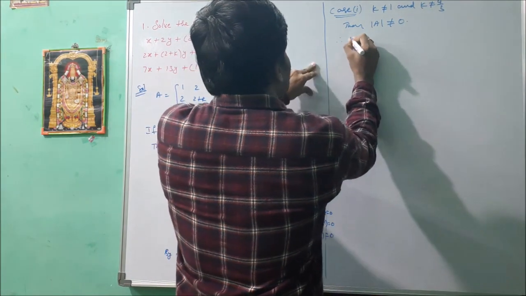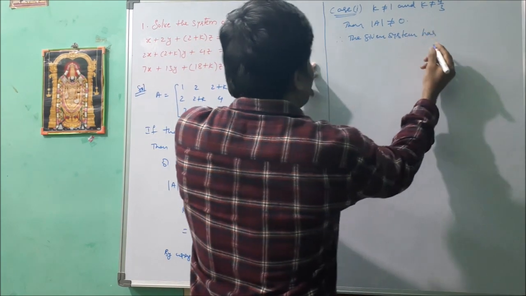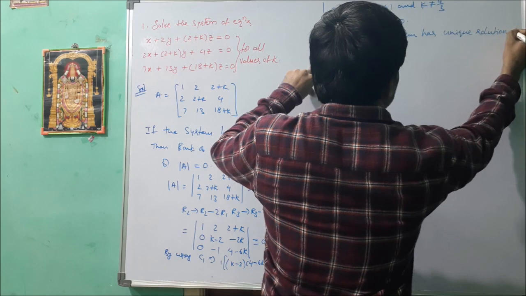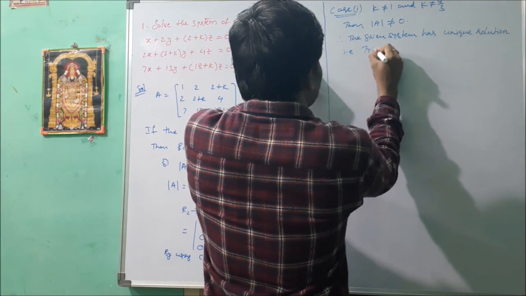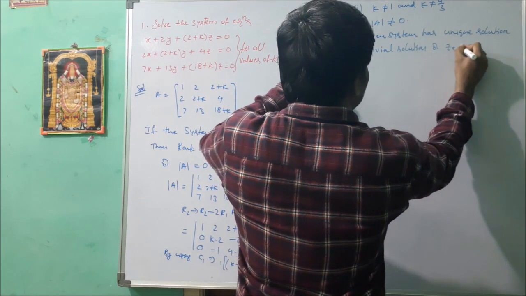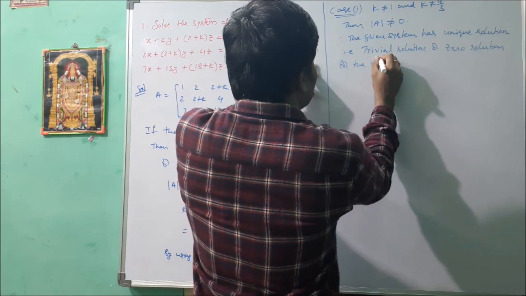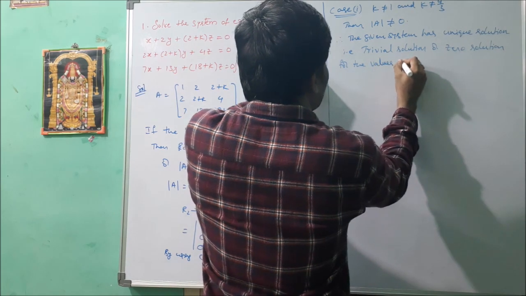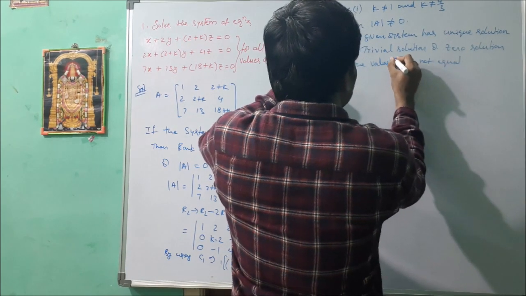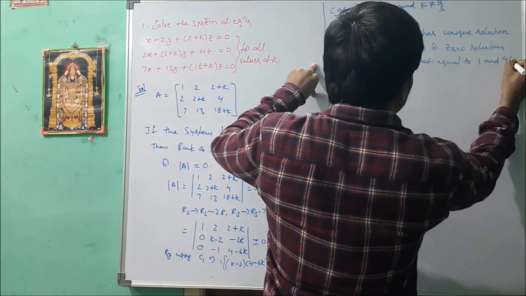Therefore, the given system has a unique solution, that is the trivial solution or 0 solution, for the values of k not equal to 1 and 4 by 3.